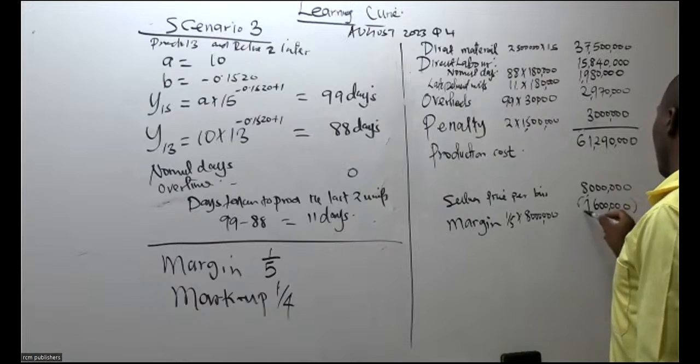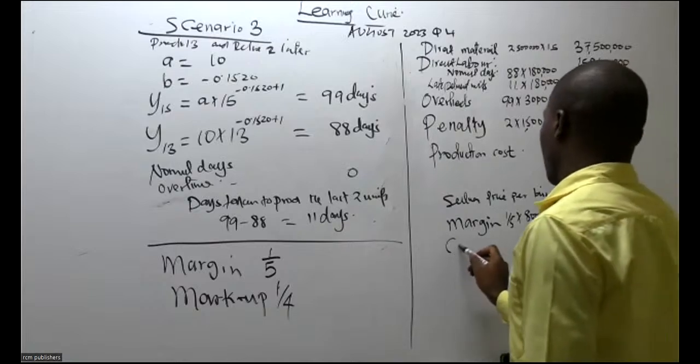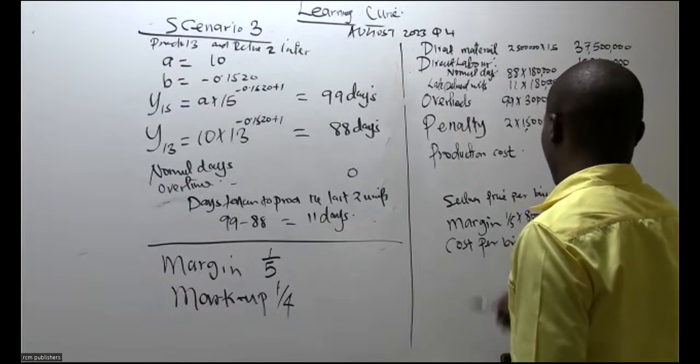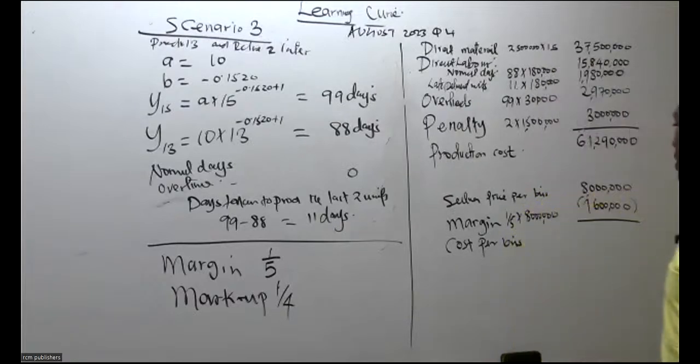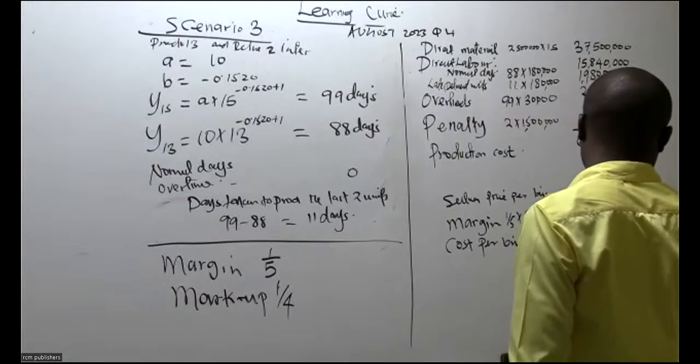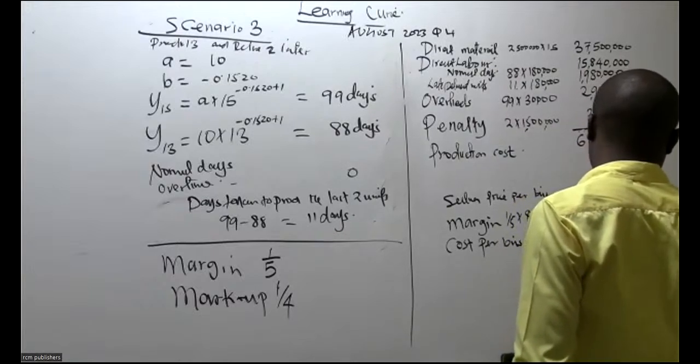1600,000. Ukitoa hiyo unapata ngapi? Cost per bus unapata ngapi? 6400.